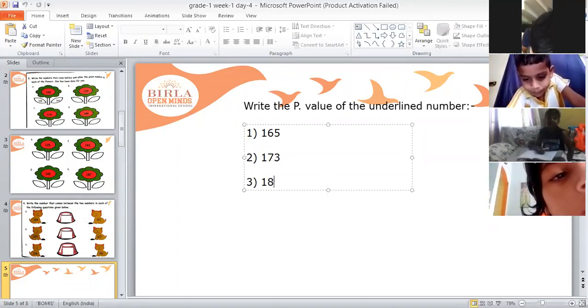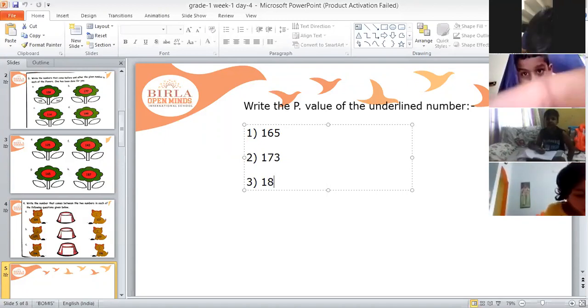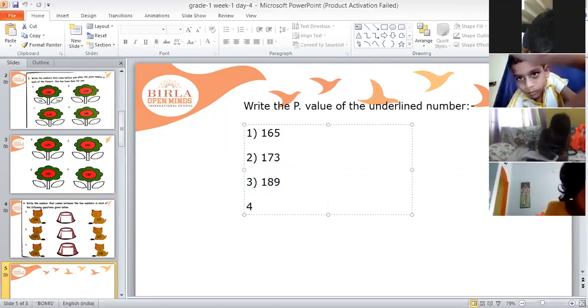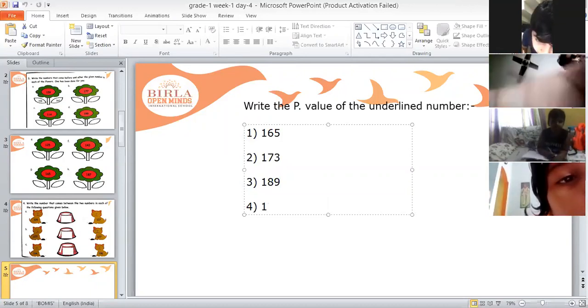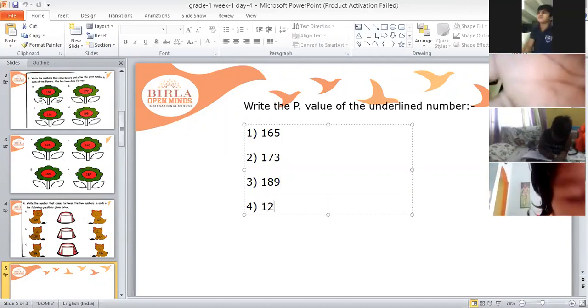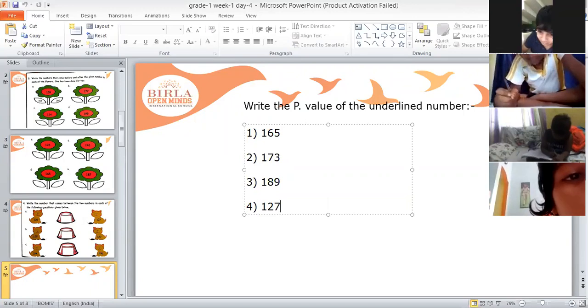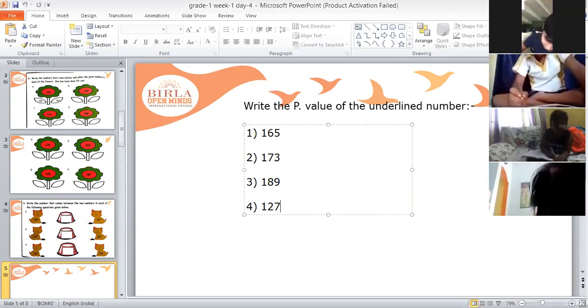Next number is 189. Next, the fourth bit is number 127. Children, keep on writing this in your notebook. Your handwriting should be neat and clean.